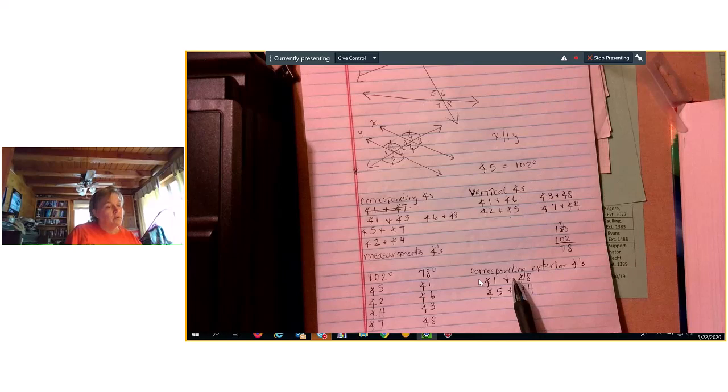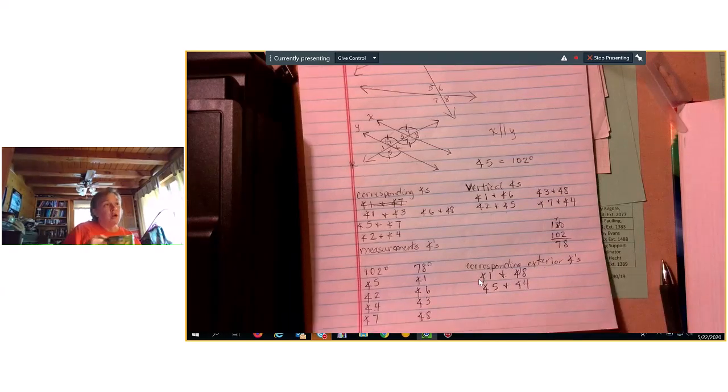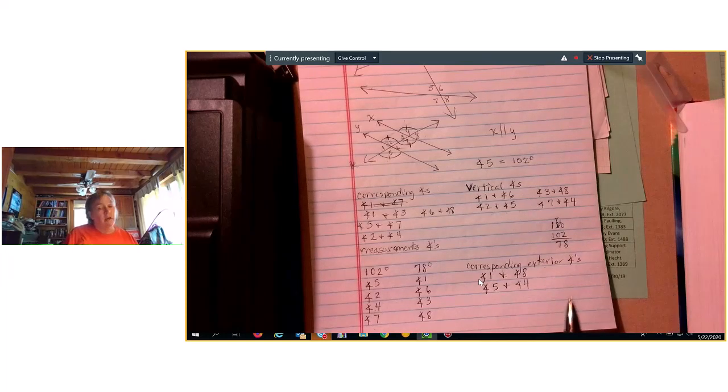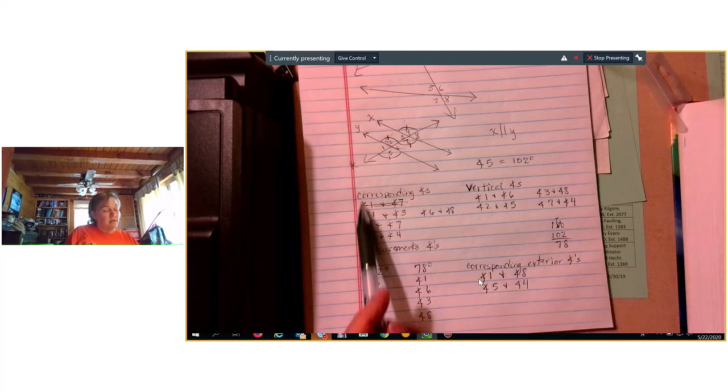So it's kind of like one of those proofs that you do in geometry that we always hated. We just proved that angle 1 and angle 8 can be corresponding exterior angles. That means that they're going to be congruent. So you just proved that by showing all of this.